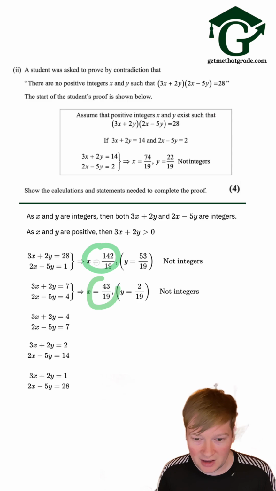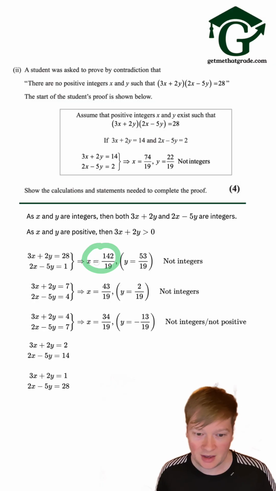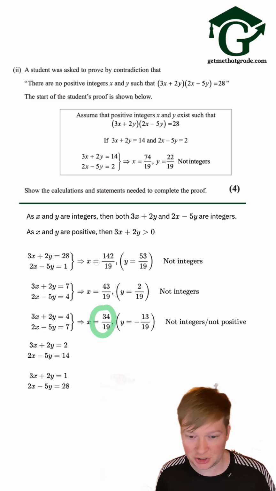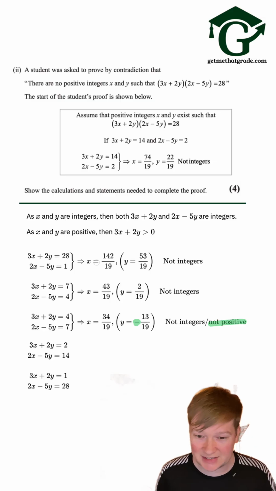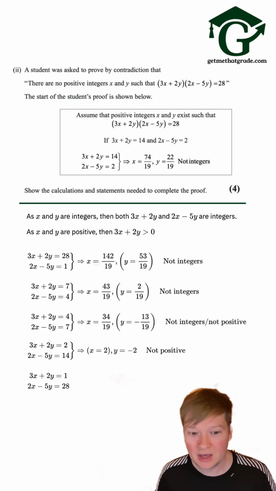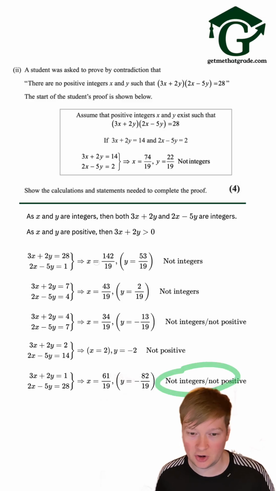Here and here, we have fractions, not integers, not whole numbers. Here, we've got a fraction, not an integer. And also, if you solve for y, in fact, you get a negative number. It's not positive. It's similarly the case here that we end up with a negative value for y, not a positive integer. And here, finally, we have both problems: not an integer, not positive.